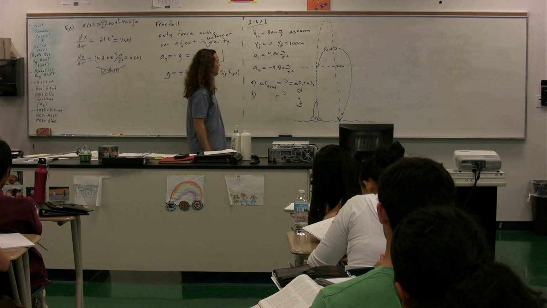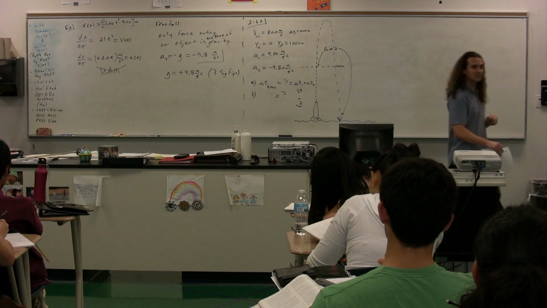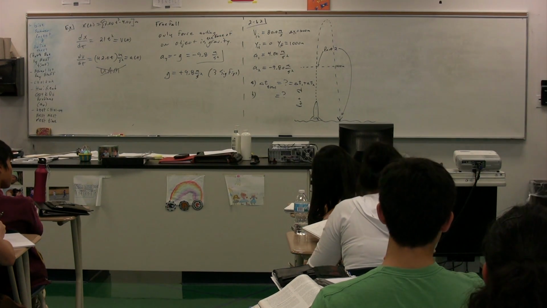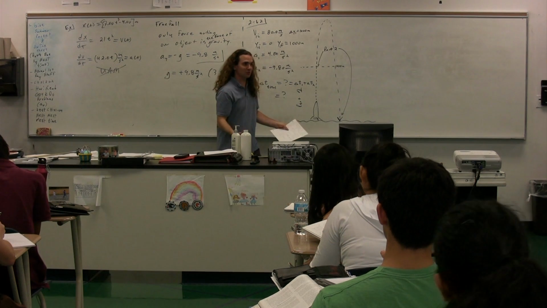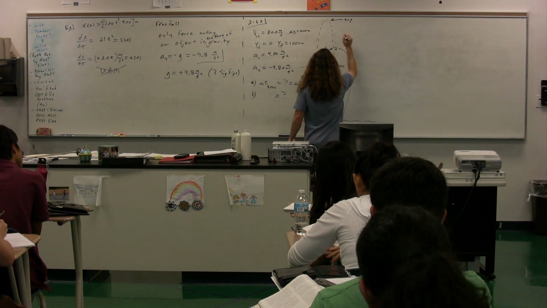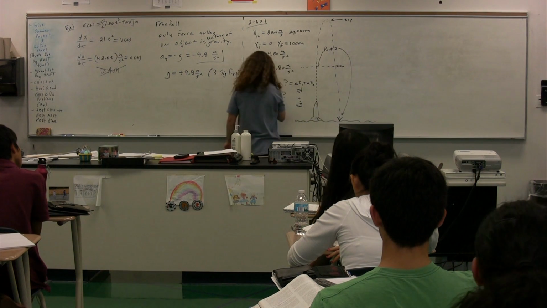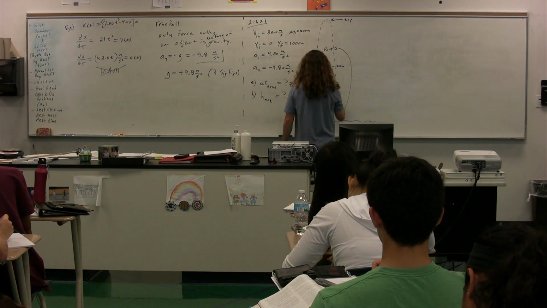B, what is the maximum altitude? Okay, so what is that? Notice that that's like partway through part 2, right? So this is the very top, and our height maximum, which is what we're trying to find, I would illustrate right here.